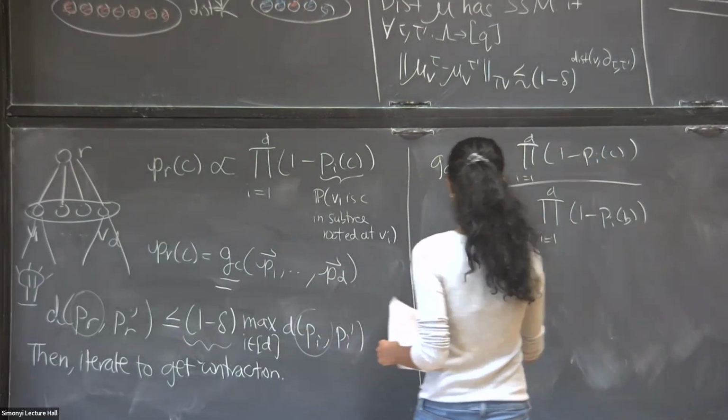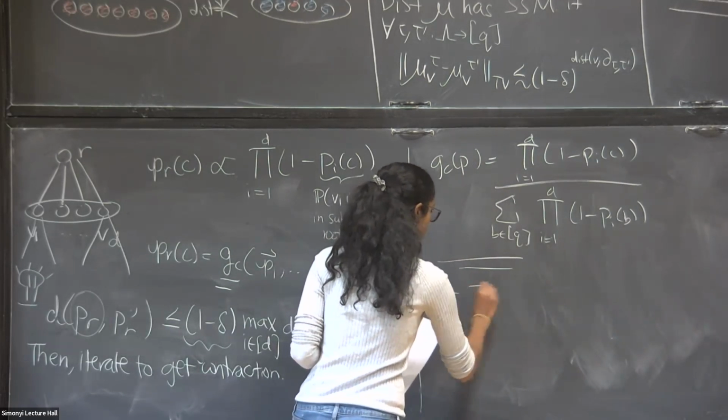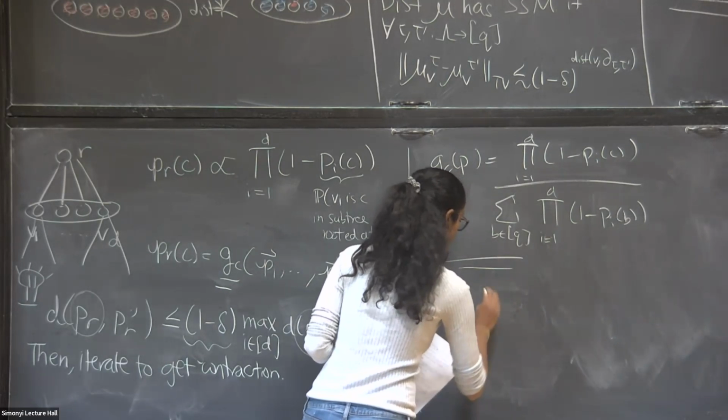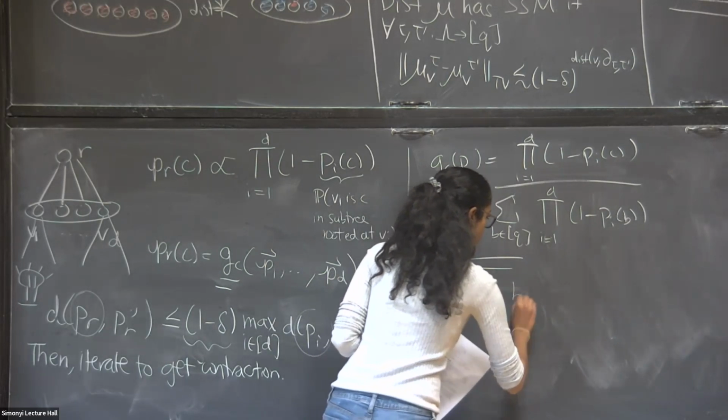In other words, let J, or DG, be the Jacobian.